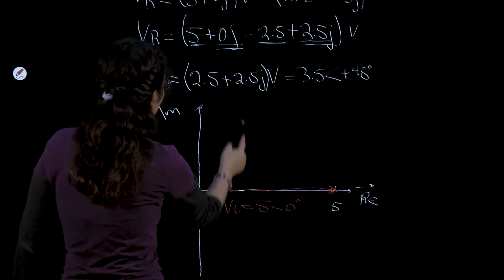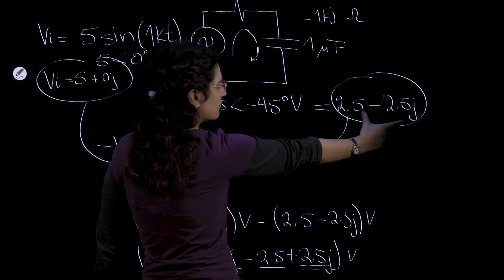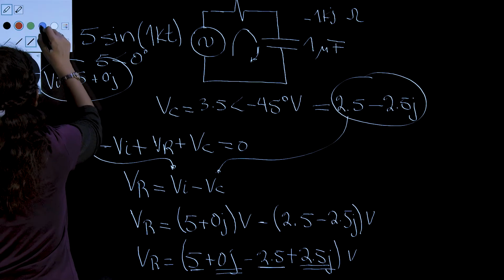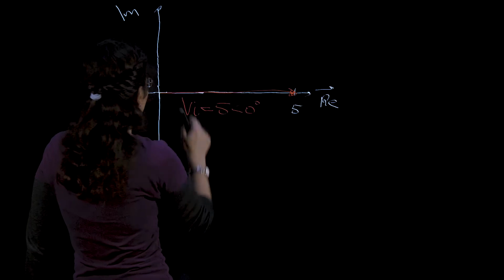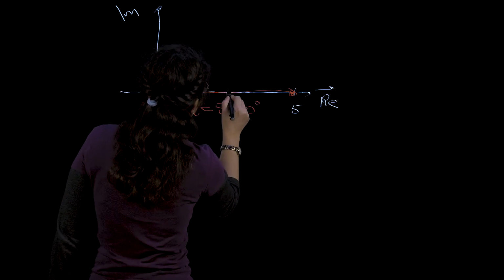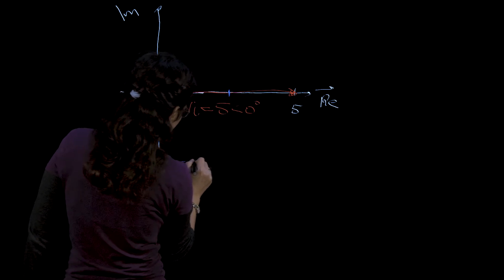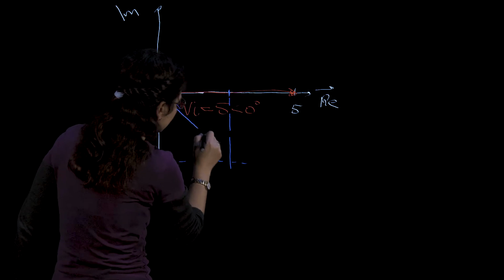And then we have the voltage in the capacitor. We said that it's this voltage here, 2.5 minus 2.5j. So I'm going to put that in blue. So I have 2.5 here minus 2.5 here. So I plot a vector here.